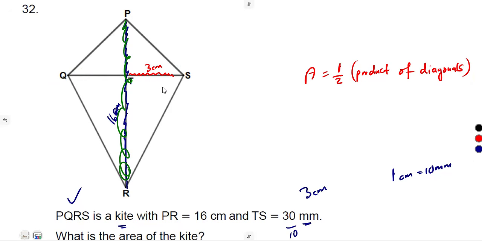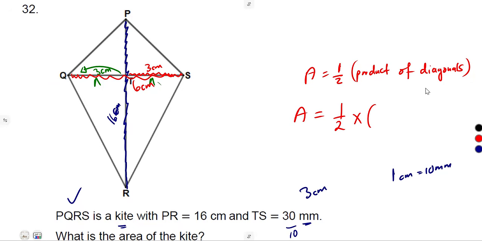So meaning to say, if this here is 3 centimeters, also from T to Q, it is what? 3 centimeters. So therefore, we have got the length of the whole diagonal, which is what? 6 centimeters. So we can calculate our area as half the product of the diagonals.